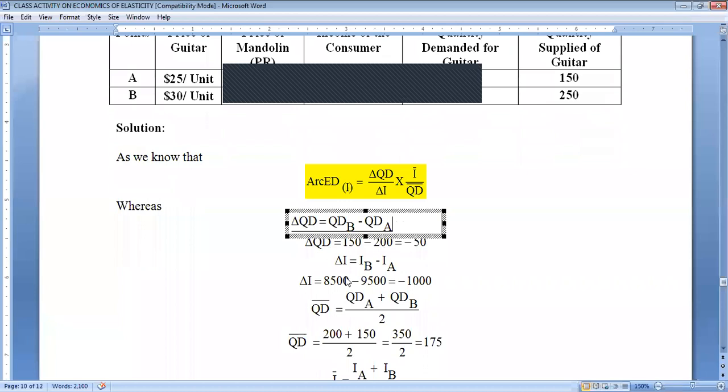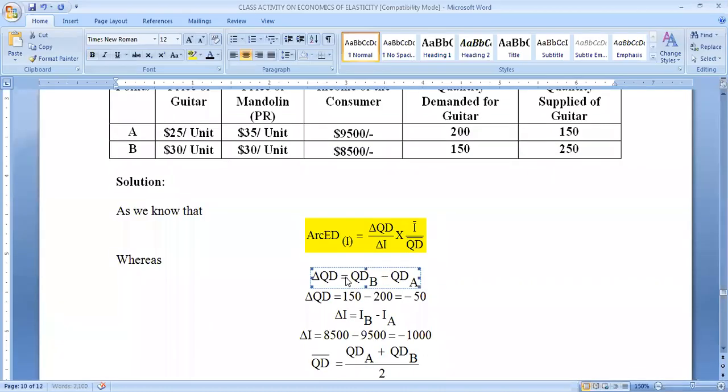So we need to find the values of all these four components to substitute into the formula. Delta QD equals QD at point B minus QD at point A. This is 150 minus 200 equals minus 50. So delta QD is equal to minus 50.